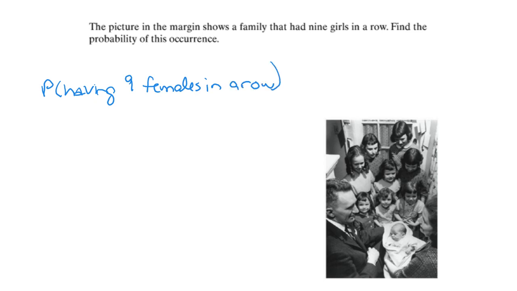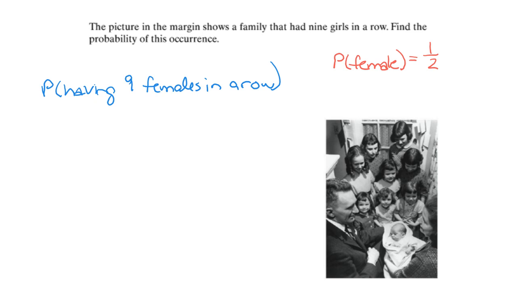So what we need to look at first is, what is the probability of having a female? Being that we have male and female, the probability is 1/2 for a birth of a female.